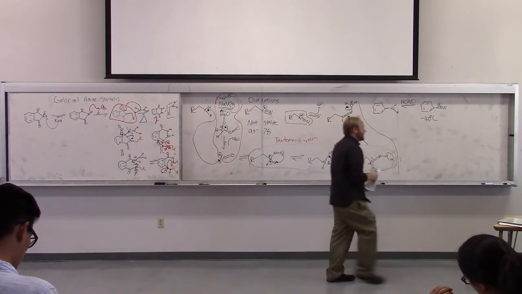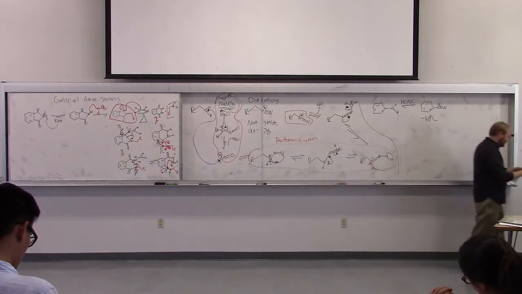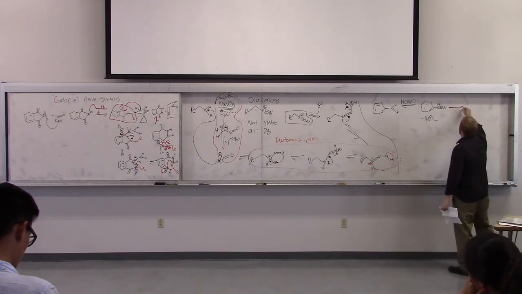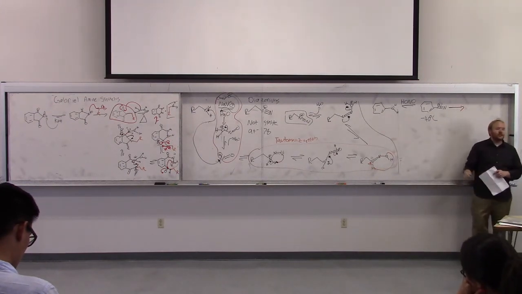But a couple of cool things you can do with them. Since they're so reactive, you can pretty much turn your diazonium into anything you want, as long as you have the appropriate copper reagent.